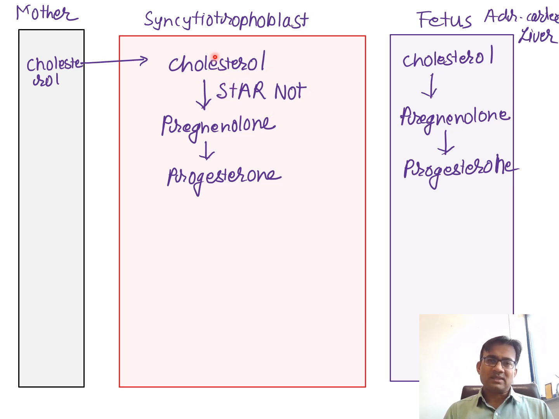So whatever is occurring in the placenta will go on as it is, and will not be affected in the disease. Whenever such diseases are there, all these steps, cholesterol, pregnenolone, progesterone, proceed as usual in the placenta only, but in other tissues they will be affected. The reason is that this steroidogenic acute regulatory protein is not required in the placenta.